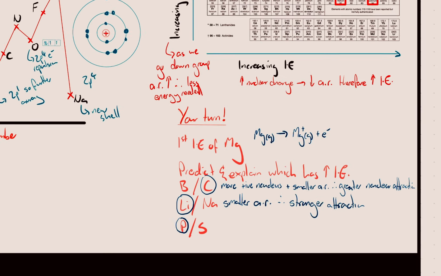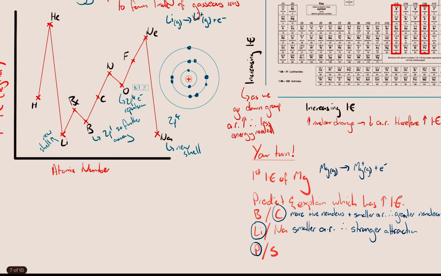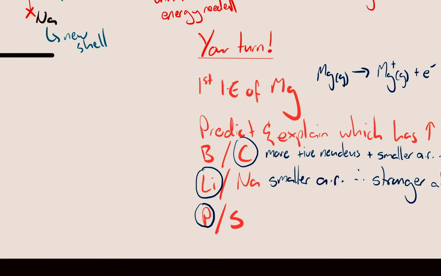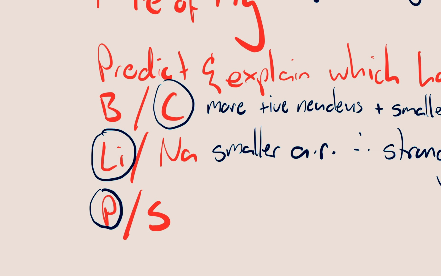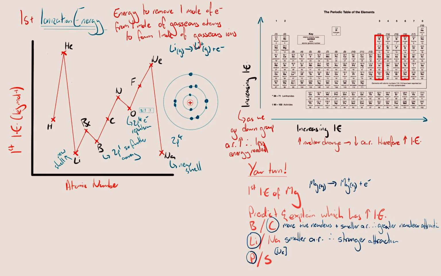If we quickly write them, we've got Ne, then 3s2, 3p1, 2, 3.